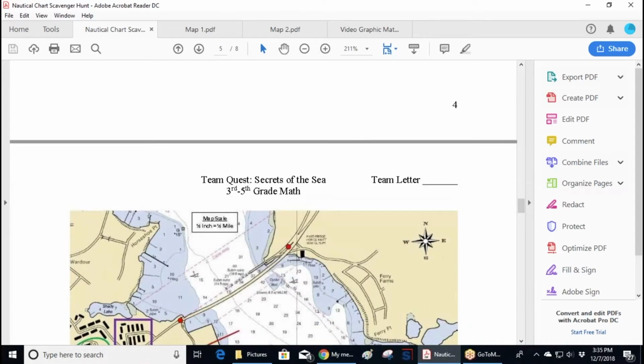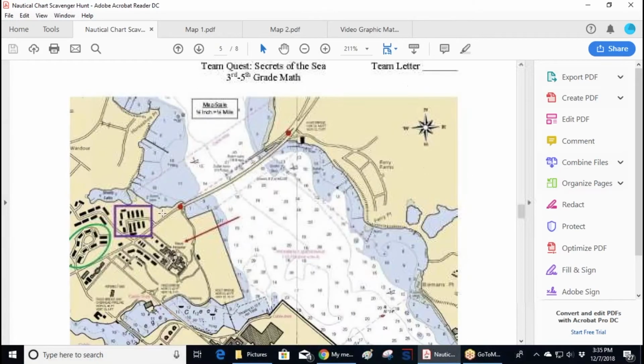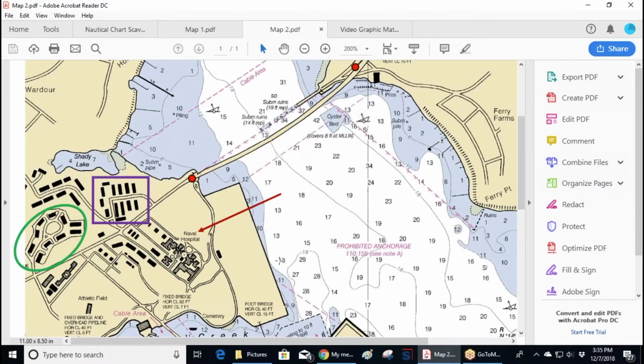Then starting on question 11, you're going to use a different chart. It looks like this. Once again, you're going to see all these points, all these numbers within the channel, which are the depths of the channel up into the shoreline. On this particular map, the shoreline is represented in brown.